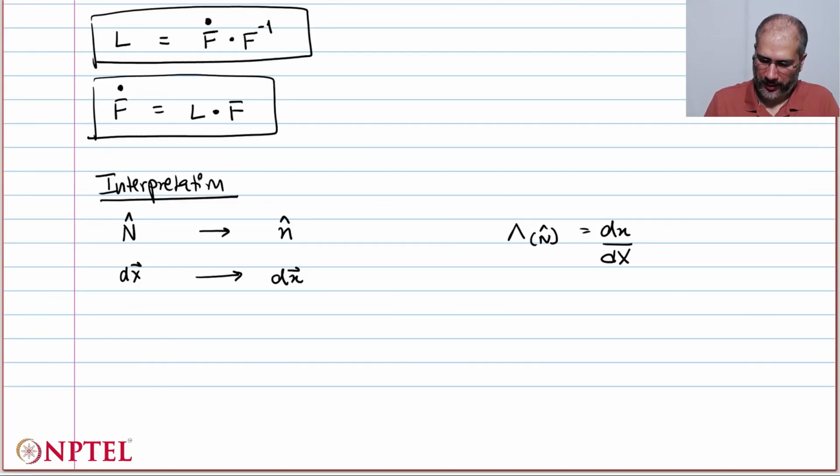So with this, let's write the d small xi vector as F_iA times d capital XA.